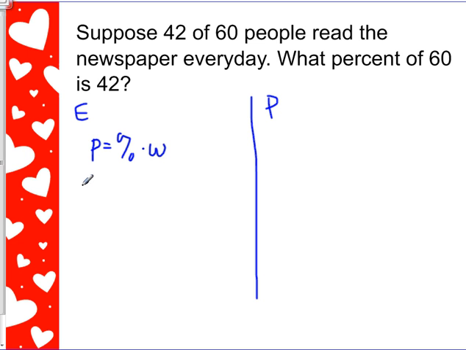So what I have to do is I actually have to plug some things in. So what's my part? Well, in this case, it's 42. I don't know what my percent is, so I'm going to say x times, what's my whole? 60. In order to get x by itself, I have to divide both sides by 60.